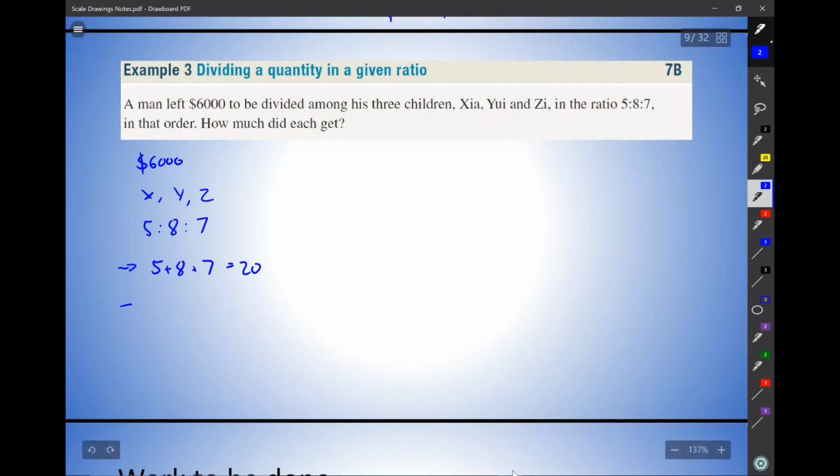And then we work out the value of a single part, which is 300. Now we work out what each person gets by taking one part and timesing it by their share.